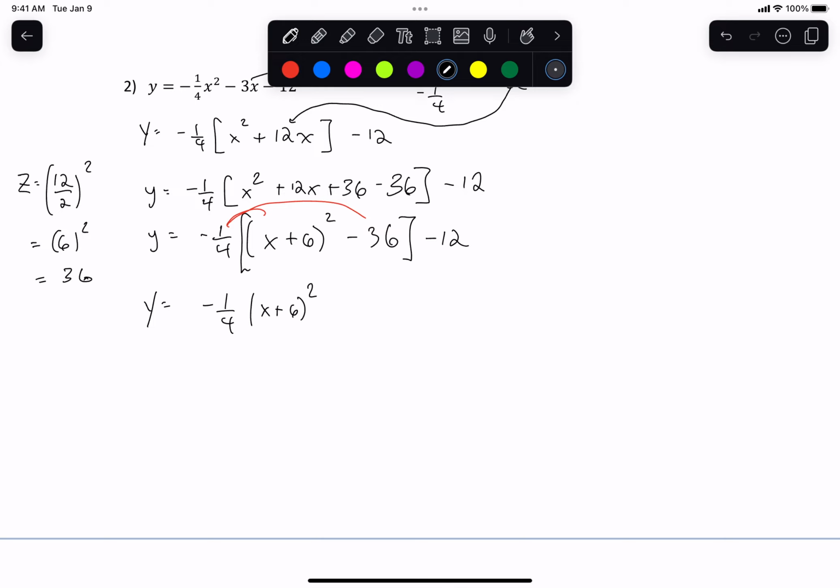What's 1/4 of 36? Or 36 divided by 4? 9. It's 9, right? This might actually have better roots than the other question. I don't know. I didn't ask you to do that. That's okay. You'd follow the exact same process.